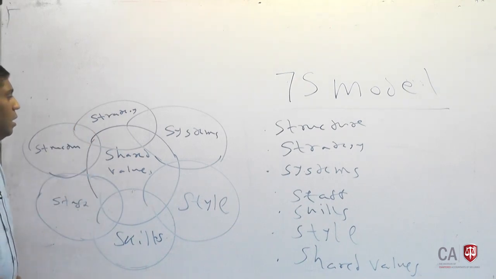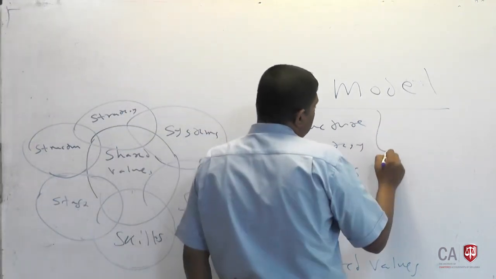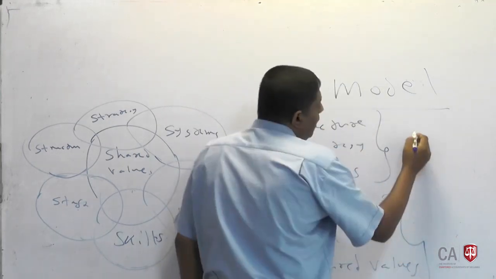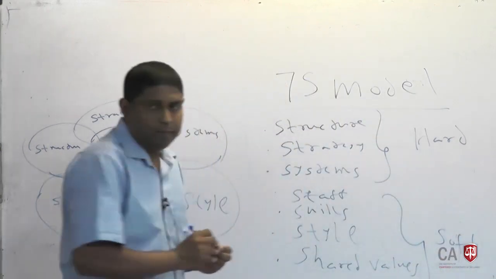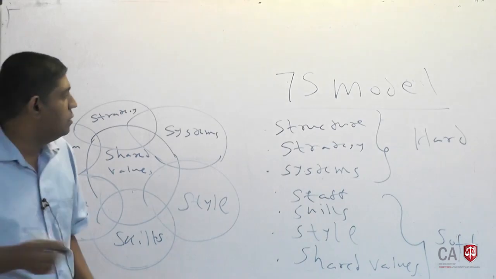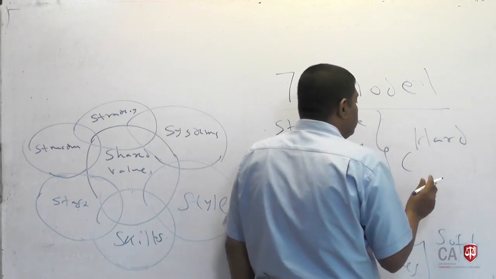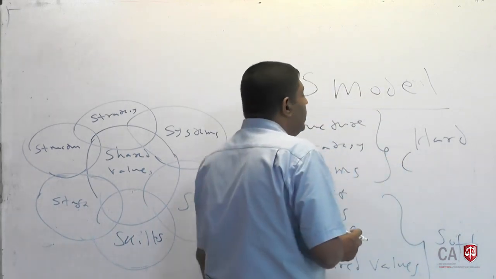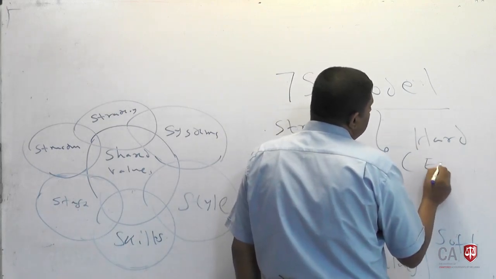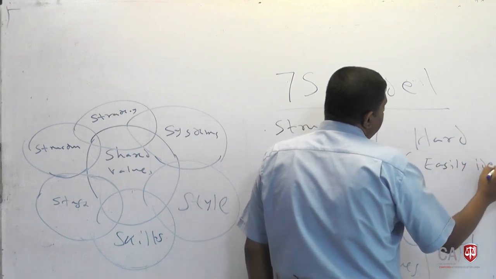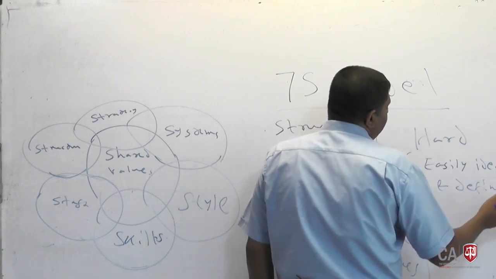McKinsey introduced this model. These 7 elements are divided into two main groups, hard elements and soft elements. Hard elements are elements which can be easily identified and defined.